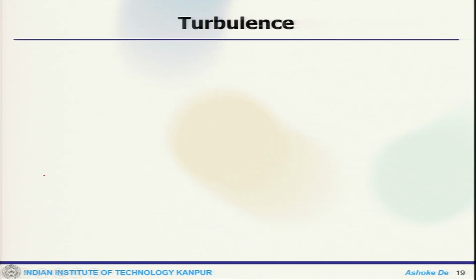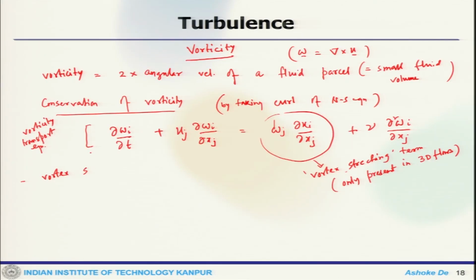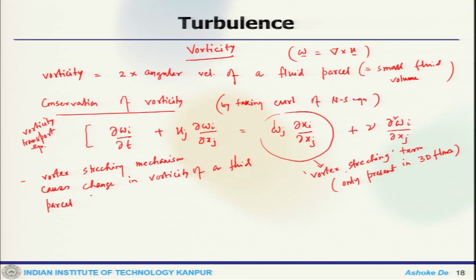The vortex stretching mechanism causes a change in vorticity of a fluid parcel by stretching and rotation of the parcel.